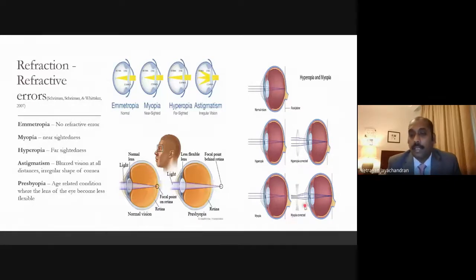And you can use a concave lens to correct nearsightedness, where the images fall in front of the retina. By using these lenses, we can bring the images back to the retina by creating more divergence. So these are the different types of refractive errors.